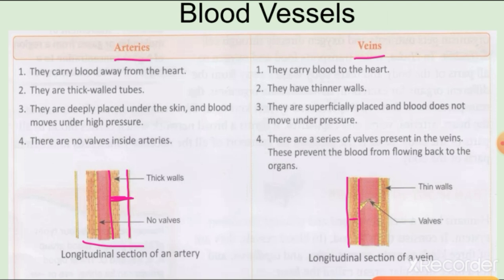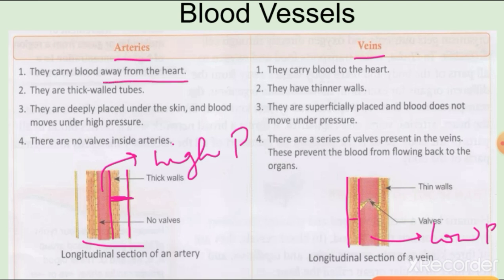Why are the arteries thick walled? Because in the arteries, the blood flows with high pressure. The pressure is high. But in veins, the pressure is low. Why is this so? Because arteries take the blood away from the heart. Our heart is the pumping organ.